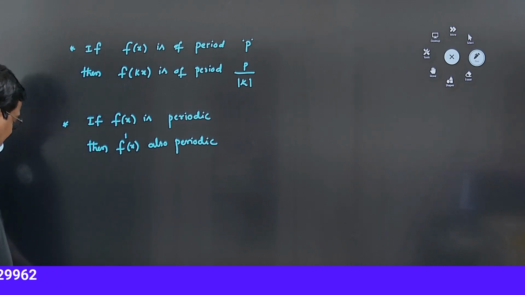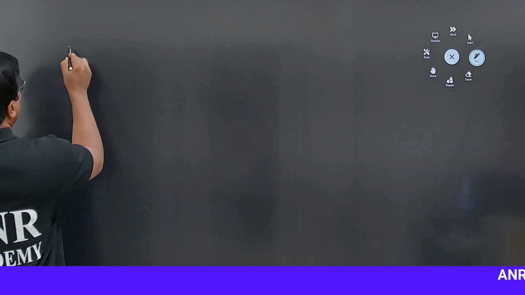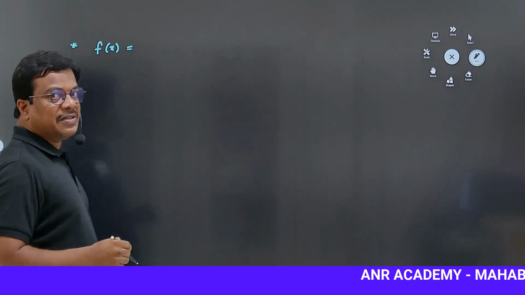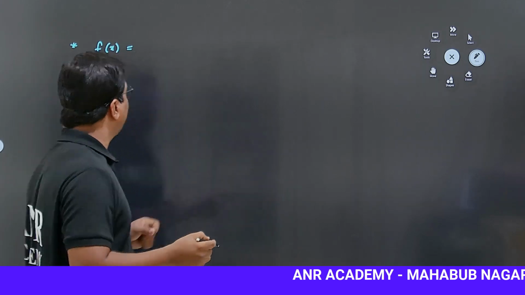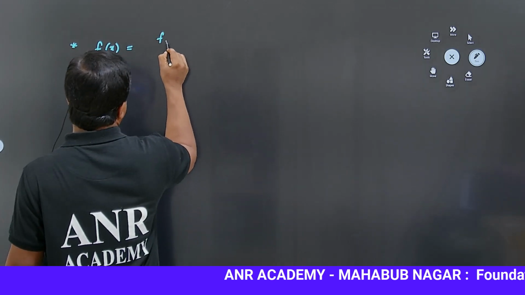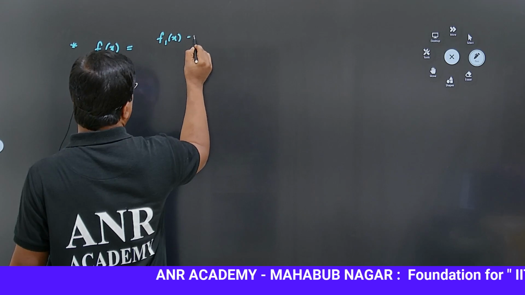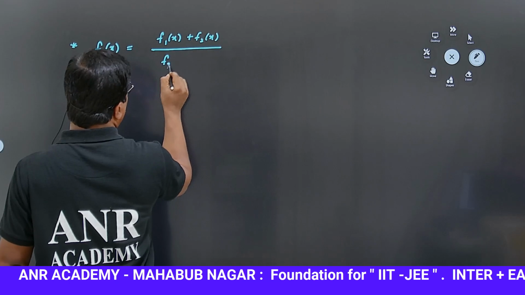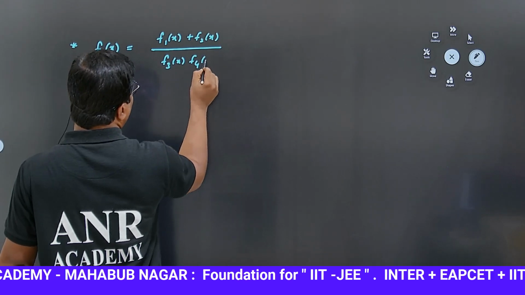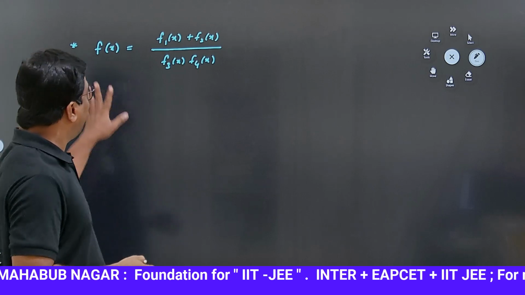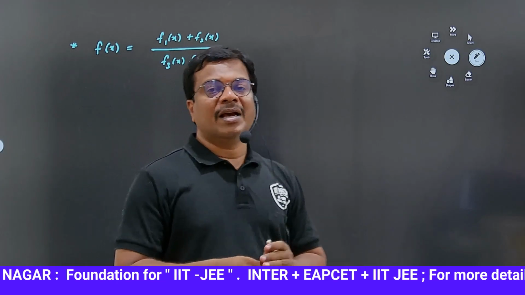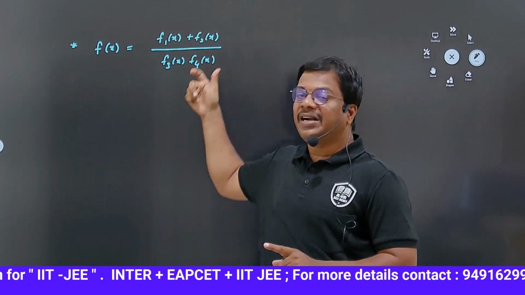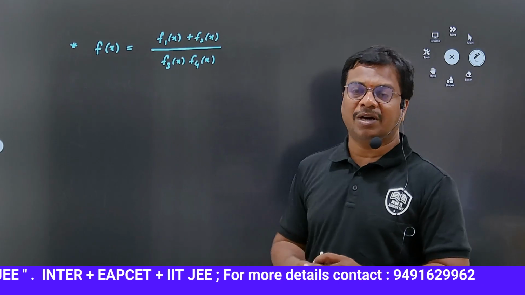Also I am going to write the next properties. Suppose there is a function f of x which is an algebraic combination of different types of functions, say f1 of x plus f2 of x divided by f3 of x multiplied by f4 of x. A function f of x obtained by applying algebraic operations like addition, subtraction, multiplication, division with different types of functions f1, f2, f3, f4 and so on.